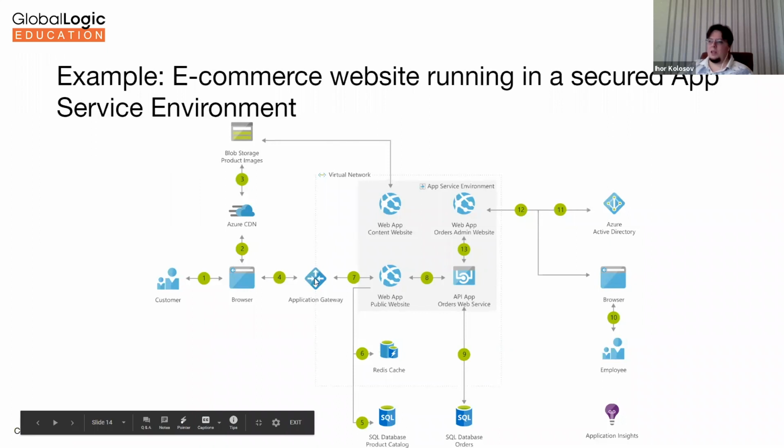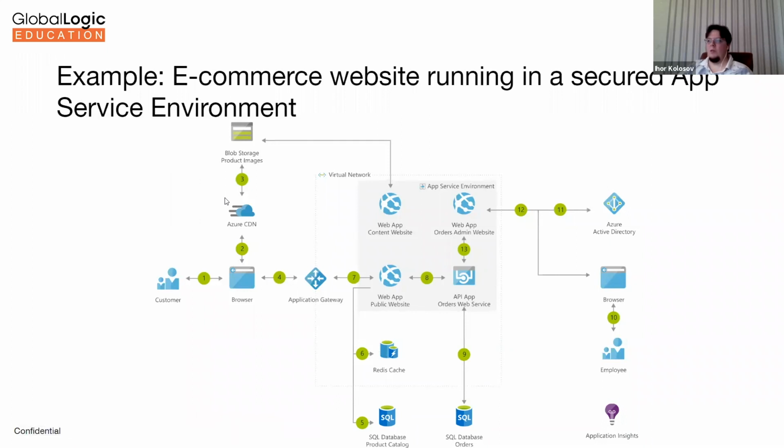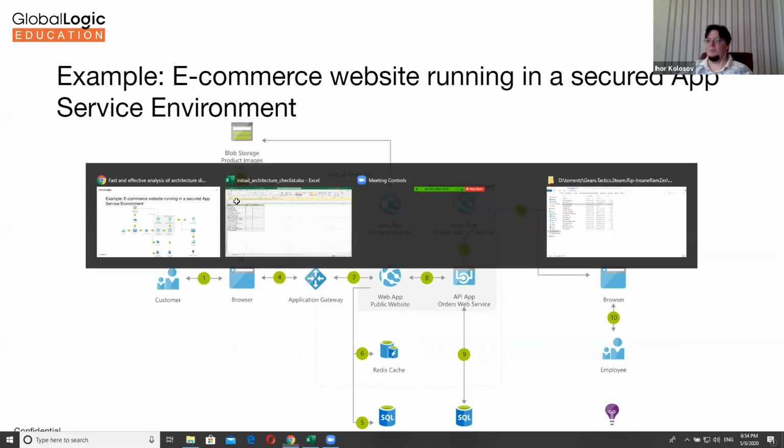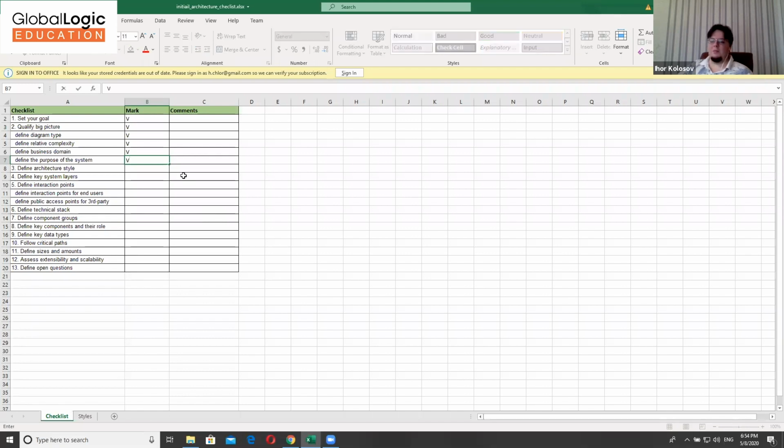There are some products, so the purpose of our system is probably to sell something. I don't know what, but probably sell something. Let's mark it at least basic. At this point, I'll probably note some additional questions just for myself here if I do not have too much detail about the domain, right?